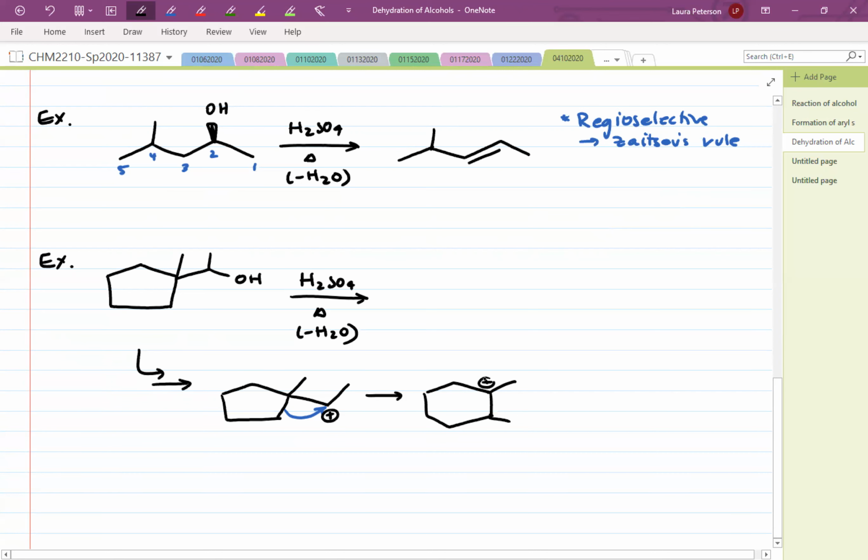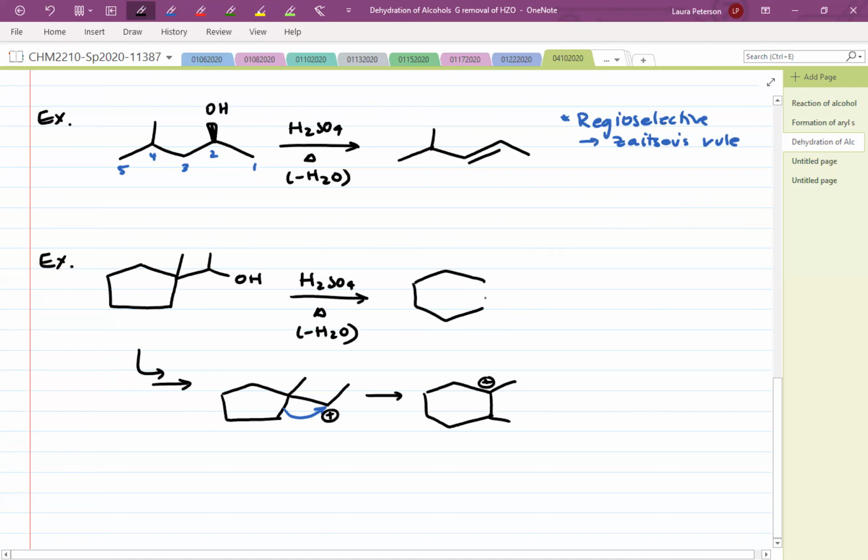Okay, so now we've generated that tertiary carbocation, and now we can think about what the most substituted alkene could form. There are several different products we could form. The minor products we could eliminate to this side or this side. That would give us the di and tri-substituted alkenes respectively. But what we're going to observe is elimination towards this tetrasubstituted alkene.